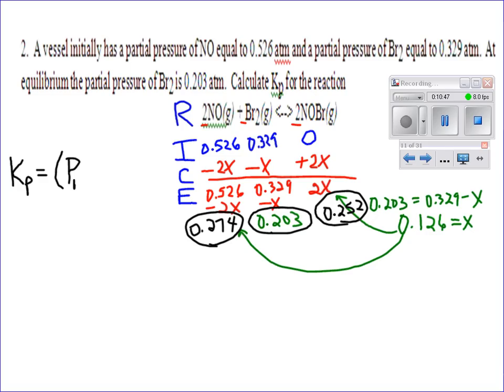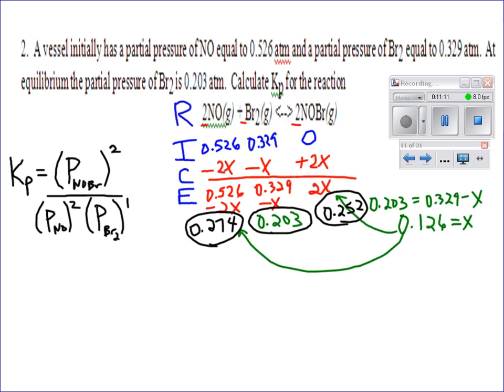You write pressure of NOBr. If you just write brackets NOBr, they're going to think you mean concentration. And then we square that, divided by the pressure of NO squared times the pressure of Br2 to the first. So that's our Kp expression.